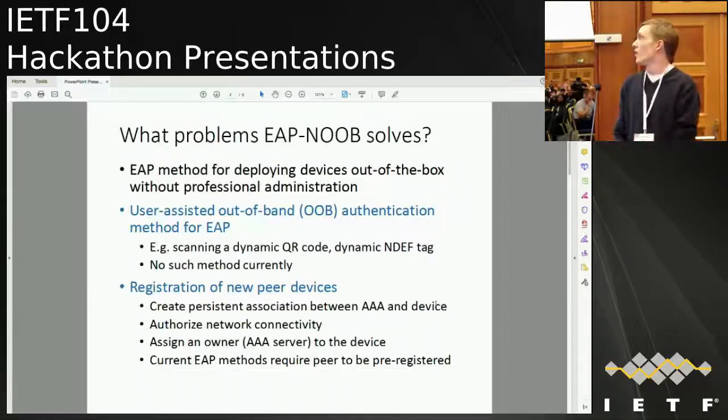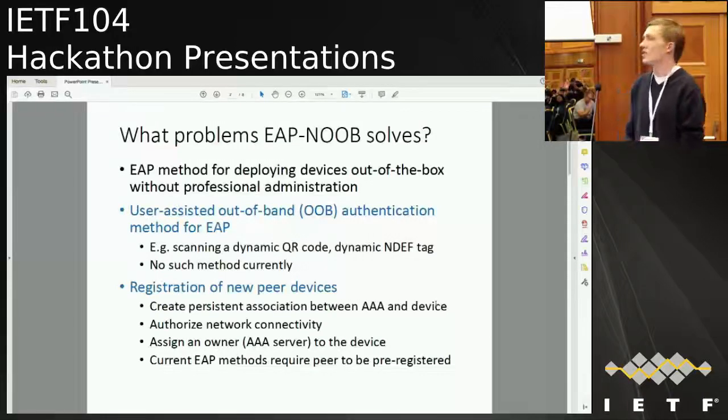Unlike other current EAP methods, we don't require any configuration, so you can think of any sort of new device that you just bought from the store and now want to bootstrap. The way this is done is using a user-assisted out-of-band channel, which consists of a step such as scanning a QR code or tapping an NFC tag.